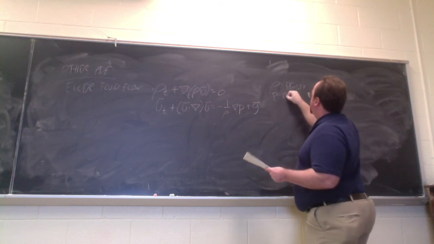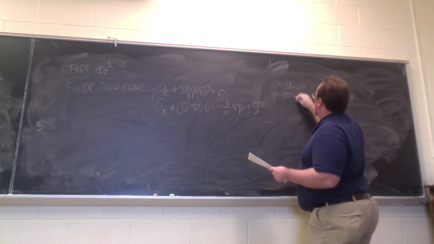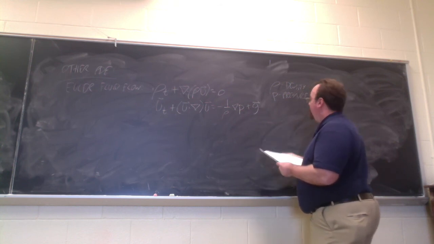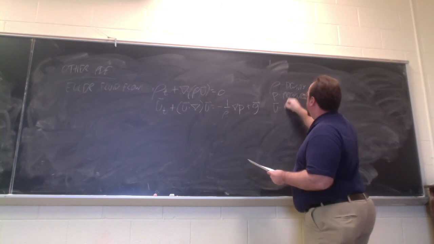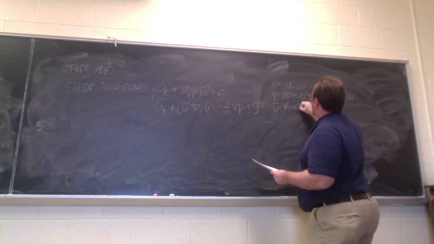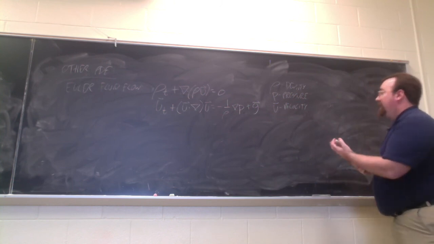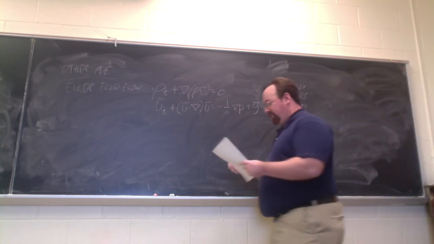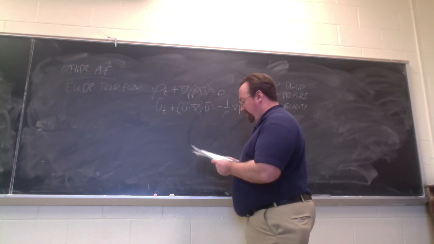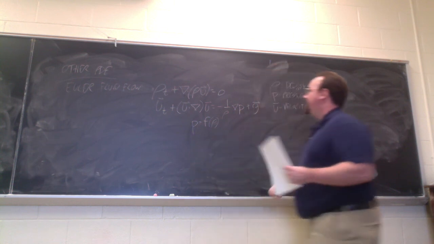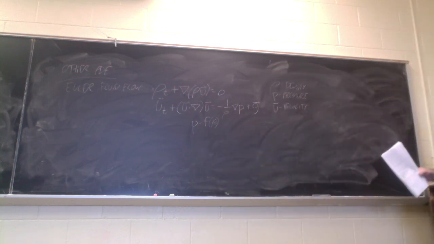P is pressure. U is a vector field, that is velocity. So it incorporates the speed and direction of travel. In fact, we have three variables, so we need a third equation. We assume that the pressure is some known function of the density, just to make everything unique.